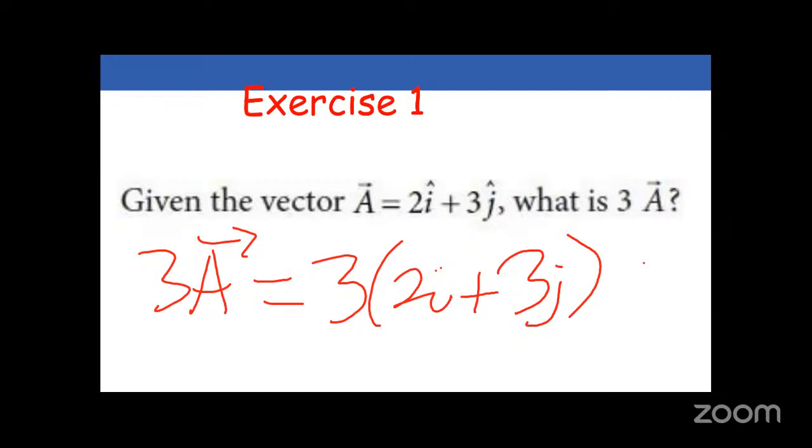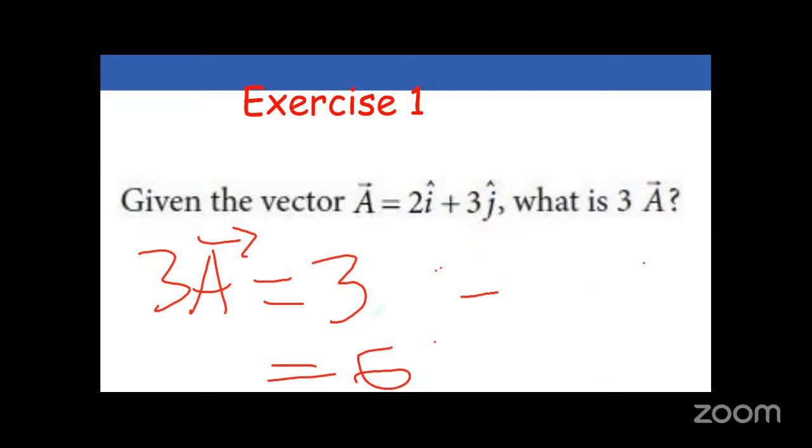So that will give us 6i plus 9j. So this is our answer. Now, if you look at it, the final answer is a vector as well, because a scalar multiplying a vector will give a vector.